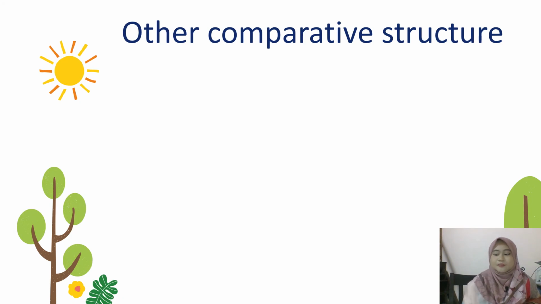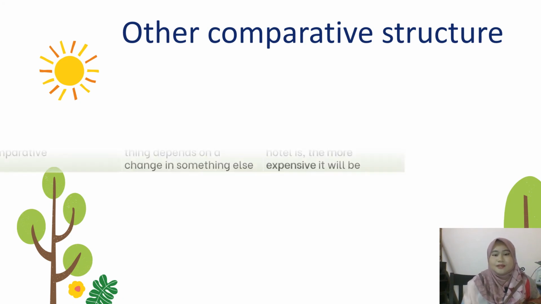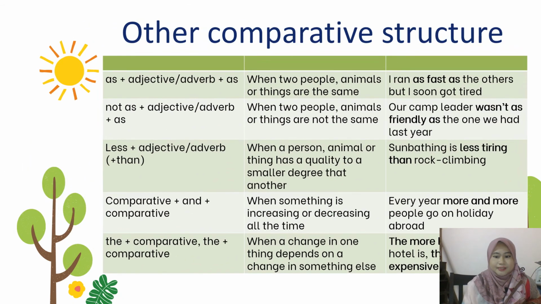Okay, there are other comparative structures. What are they? I've given you here a very small table. So there are 5. Okay, I'm going to read, and I hope you are listening and reading with me. The first form is S plus as plus adjective, adverb plus as plus S. You use it when two people, animals, or things are the same.